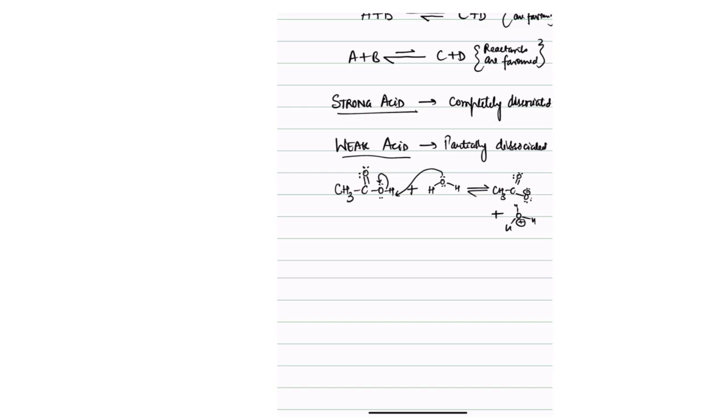So this arrow is the arrow of reversibility, and it's more towards the reactant side. So acetic acid or ethanoic acid is a weaker acid.